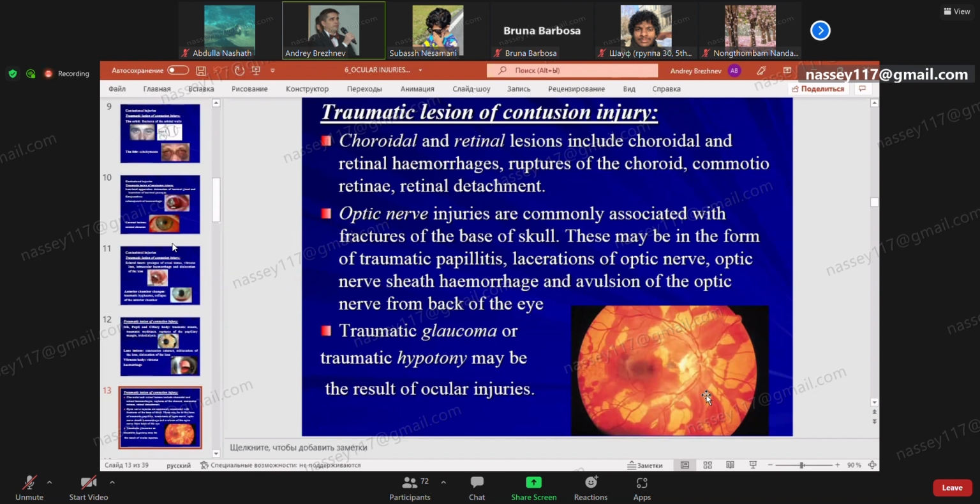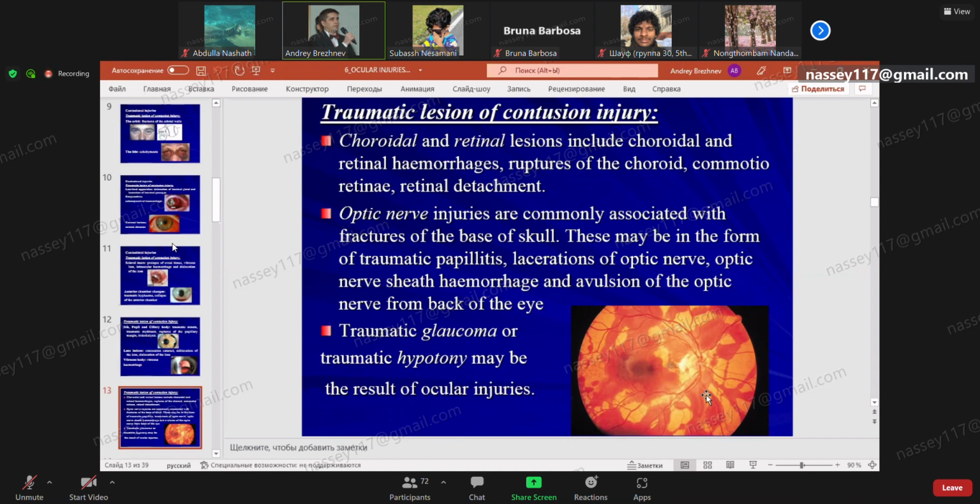Prognosis depends on the severity of trauma, spreading of the trauma onto the surrounding tissues, area of damage, and localization of damage, because changes of the central retina in the yellow spot or of the peripheral retina are different.